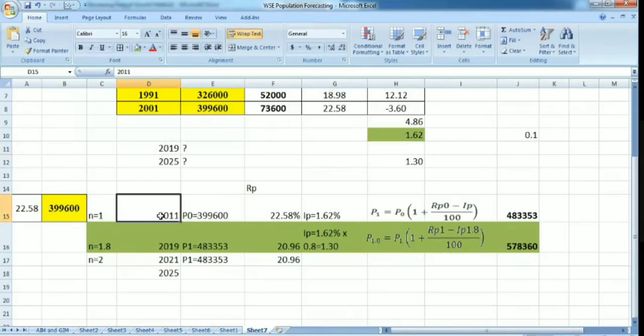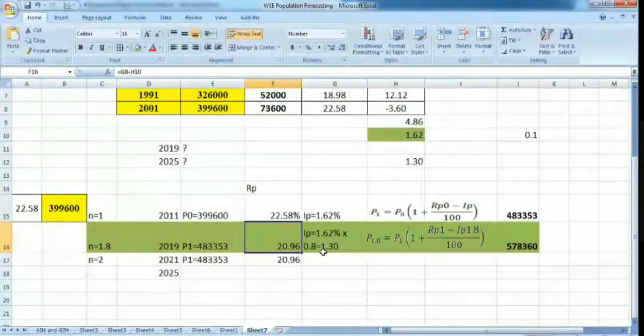First we determined the population for 2011 as 4,83,353, which acts as the P1 value for 2019. The IP value is 22.58 minus 1.62, which gives 20.96, and the IP value for determining the population in 2019 will be 1.62 multiplied by 0.8, because the number of decades between 2011 and 2019 is 2019 minus 2011 divided by 10, which is 0.8.